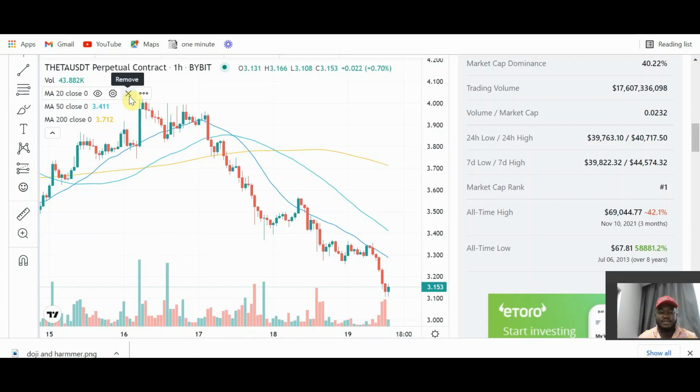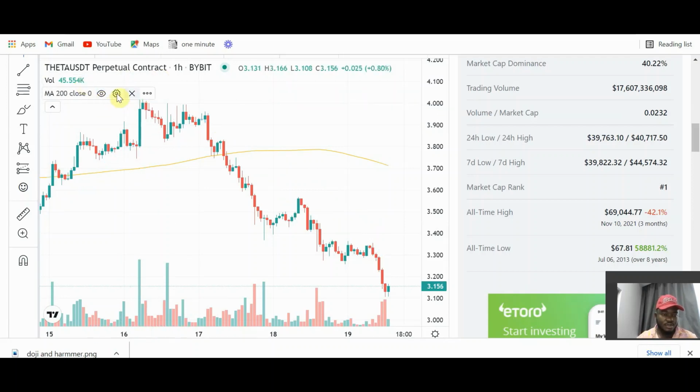Bollinger Band serves as a dynamic support and resistance. Wait, let me add even this thing here so that you guys will see what I do.